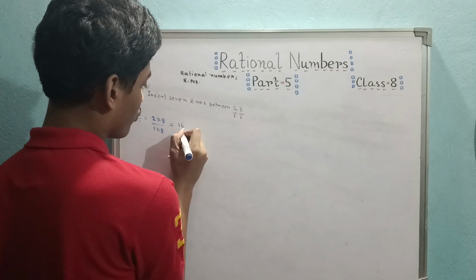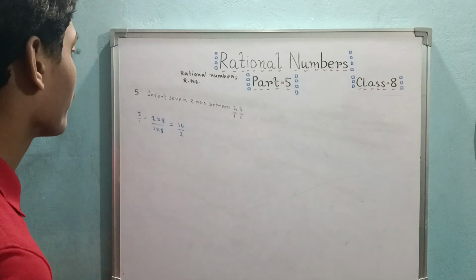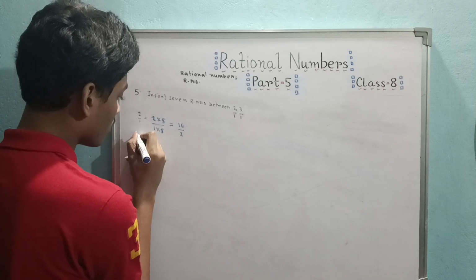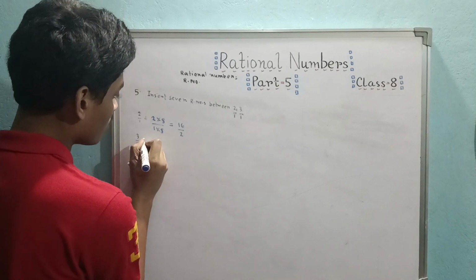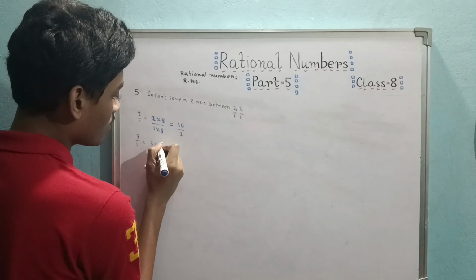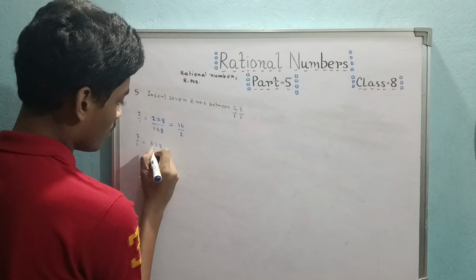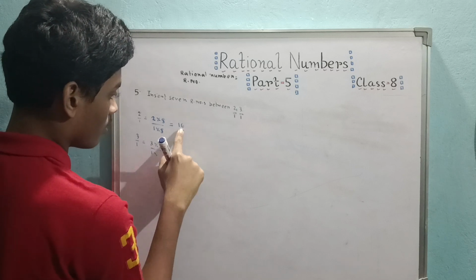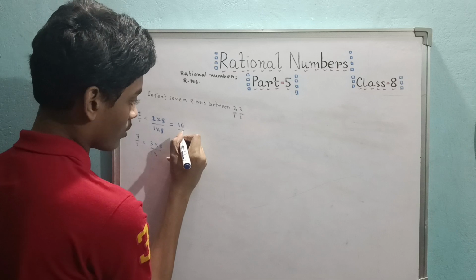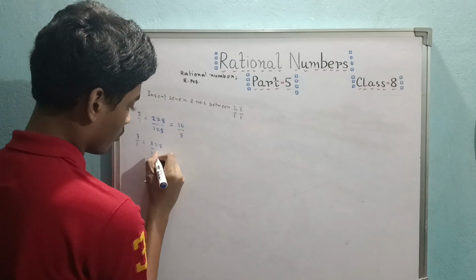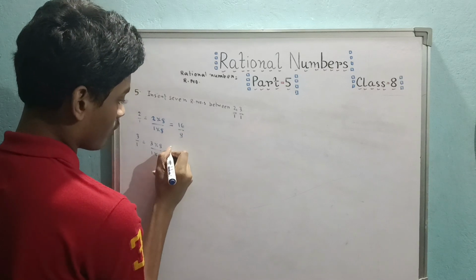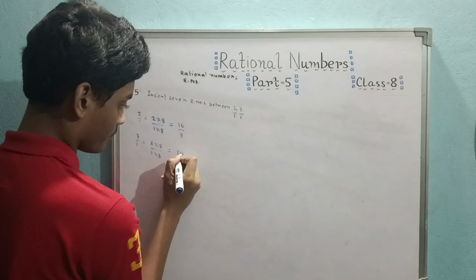So 16 by 8. And then 3 by 1 is equal to 3 into 8 by 1 into 8. So this will be 24 by 8.